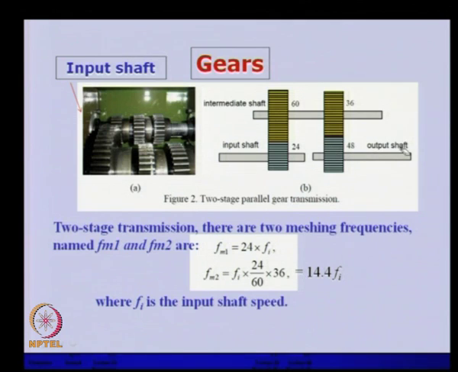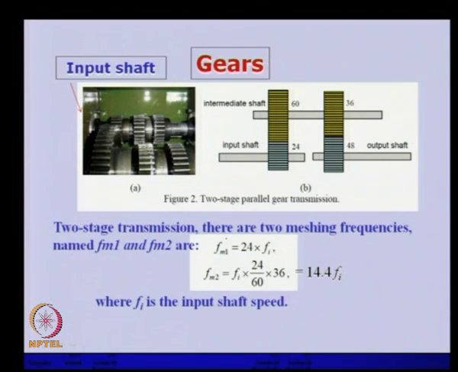This is the output shaft. In a two stage transmission, there are two meshing frequencies, because one is between these two gears and another between these two gears. These are named FM1 and FM2, and you can calculate them.